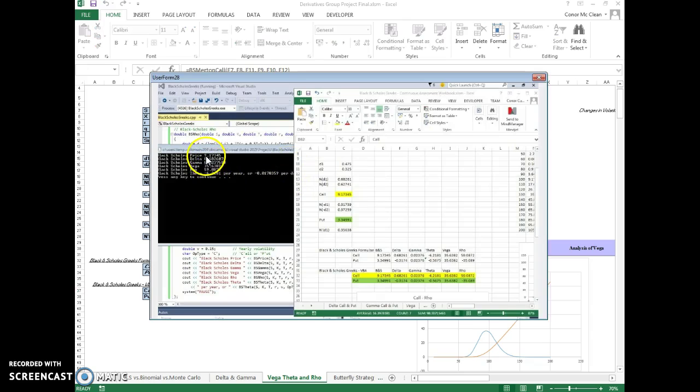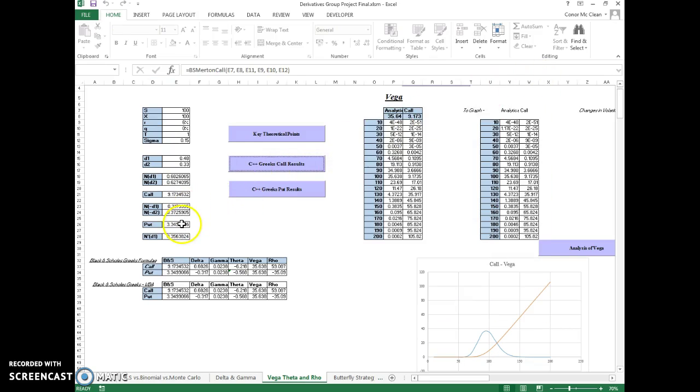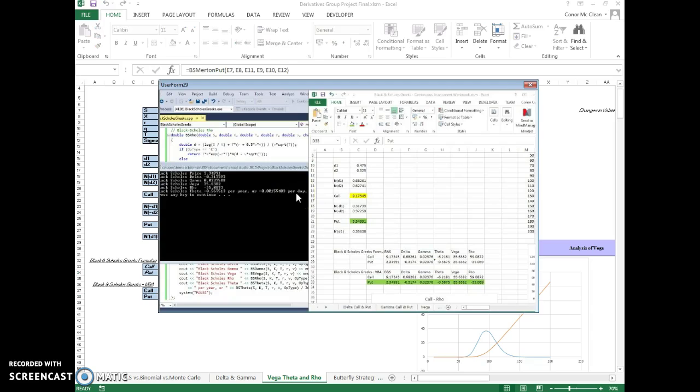Also here, through the C++, it works out at 9.17 and 9.17. Likewise with the put, it was calculated using the Black-Scholes formula, which is found here and here, and then using the VBA function found here. The screenshot of this is found right here, and again it lines up with the other figures.